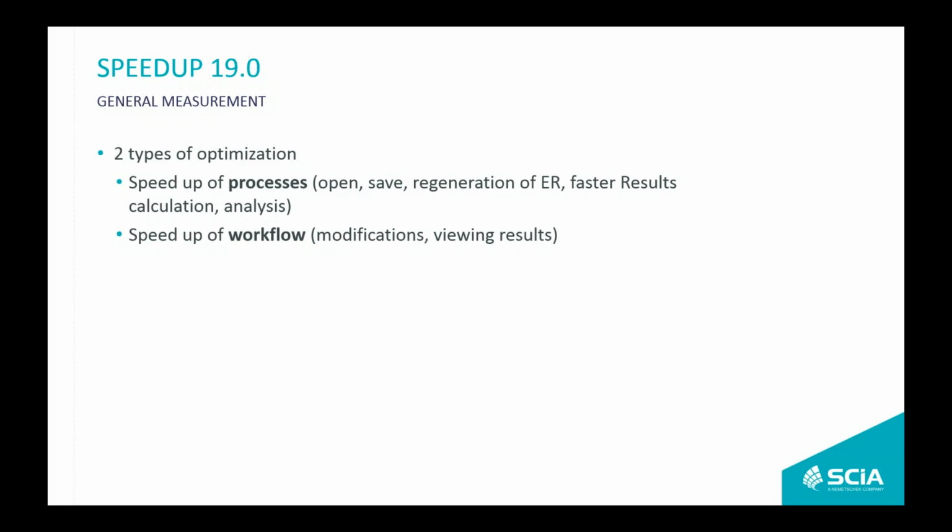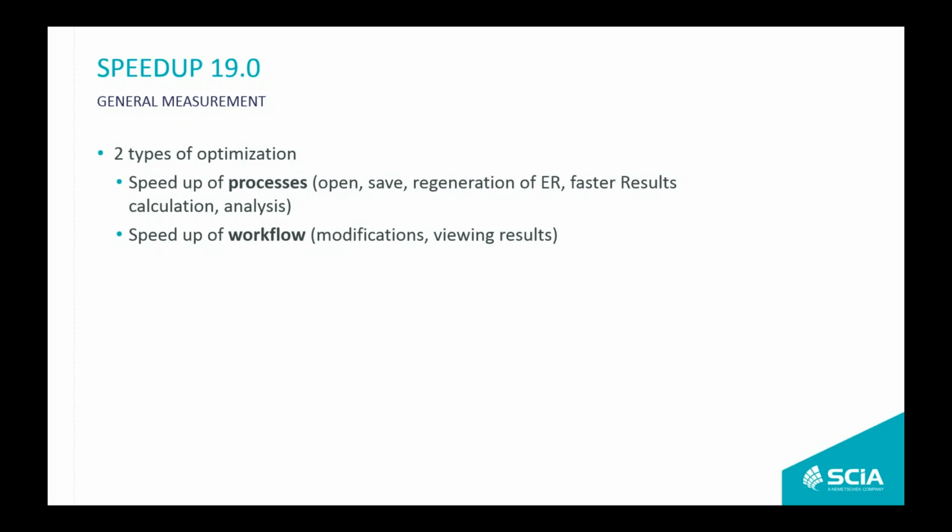This is significantly improved, like a 95% reduction of time. We have a case here which got the regeneration time from 2 hours to 5 minutes. And furthermore, what I spoke of were faster results and analysis itself.